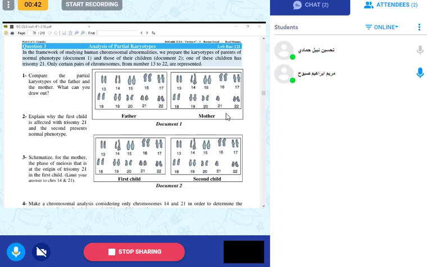Now, what do you notice in the mother karyotype, Maryam? In chromosome pair 14, one is big and one is small. So in pair number 14, one chromosome is longer than the other. What else? In pair 21, there is only one chromosome.